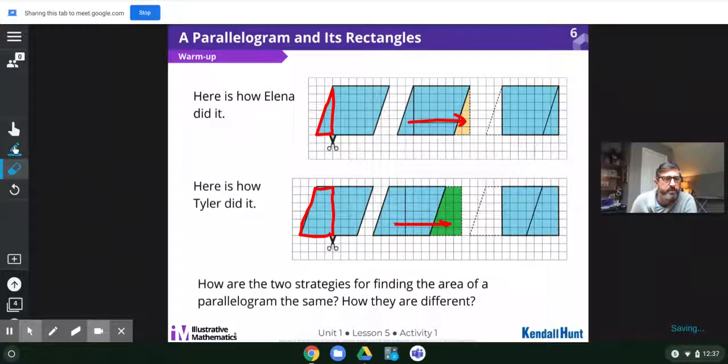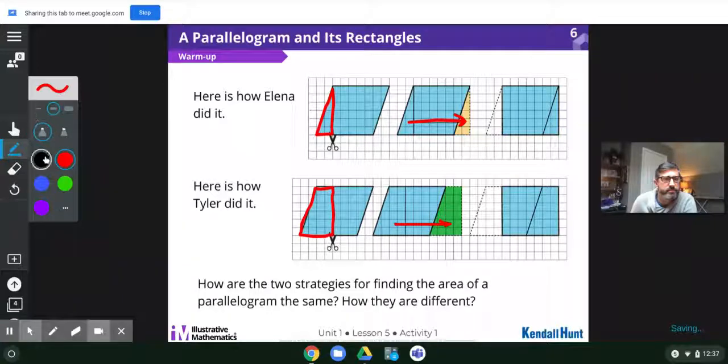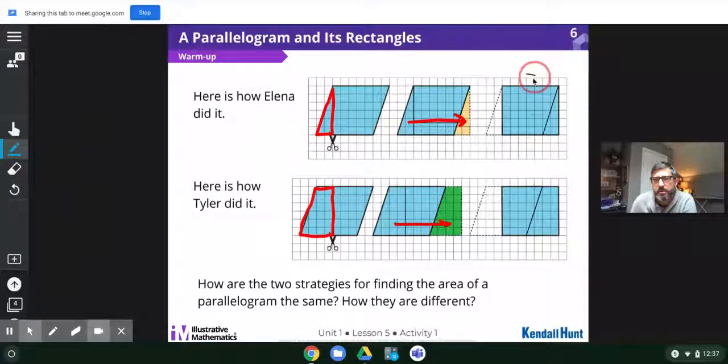So this side, let me erase that so we can see it a little better. All right. So this side we've got 1, 2, 3, 4, 5, 6, 7. So that is 7. And on this side we've got 1, 2, 3, 4, 5, and 6.